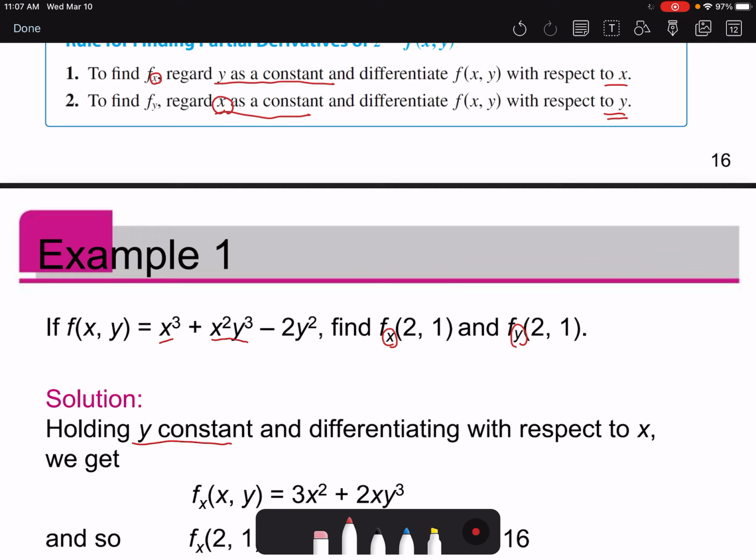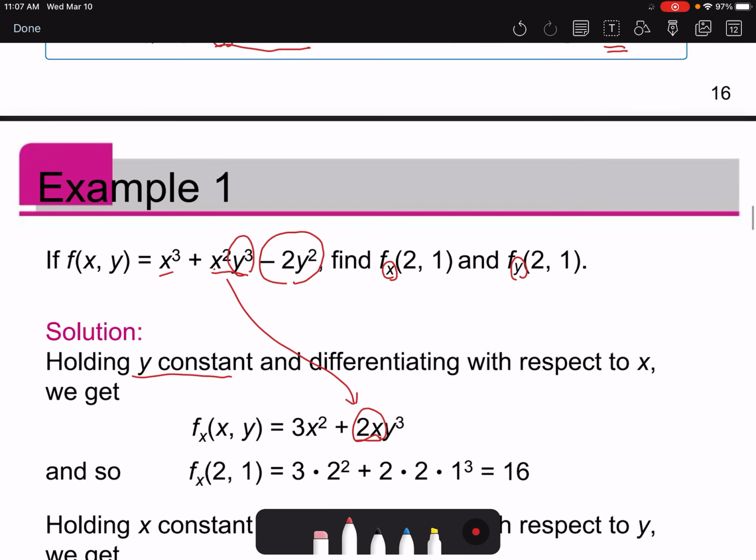For x squared y cubed, treating y as a constant, leave it alone. The derivative of x squared is just 2x. Please do not apply implicit differentiation and the product rule here. Finally, the derivative of negative 2y squared, which is a constant, just becomes 0. Then you plug in (2, 1), replacing x with 2 and y with 1, and the answer is 16.